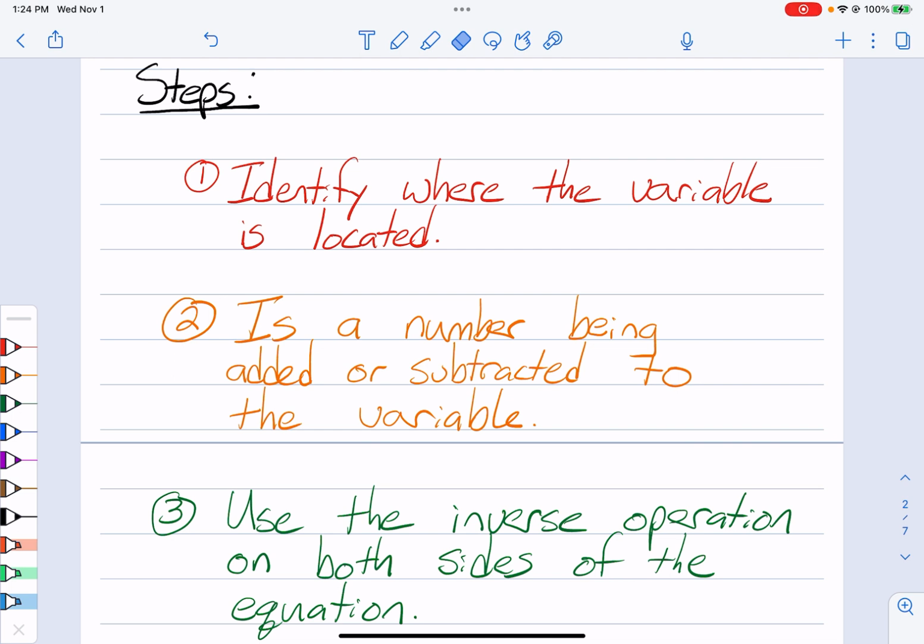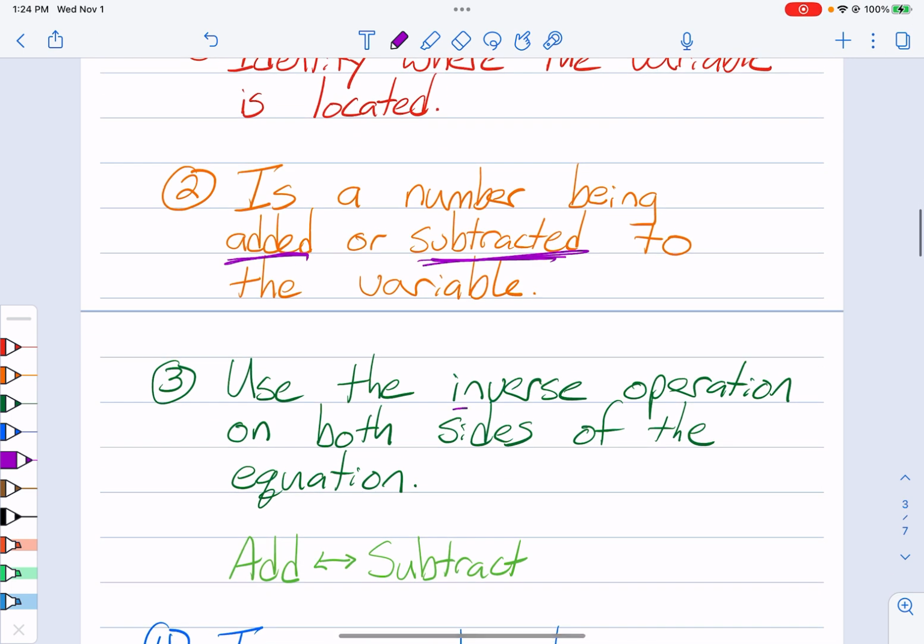So step 1 is to identify where the variable is located. It could be on either side of the equation, could have numbers in front, behind, who knows. Step number 2, is a number being added or subtracted to the variable? This is the first thing that we're going to be looking for. Is there something being added or subtracted? If there is, we're going to use an inverse operation on both sides of the equation.